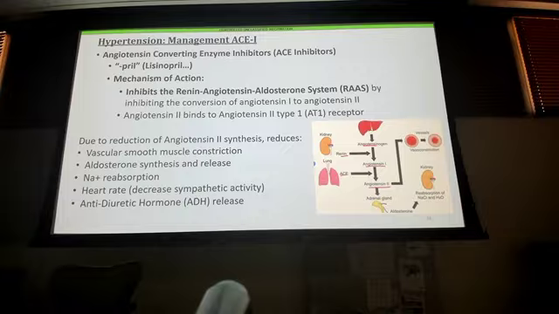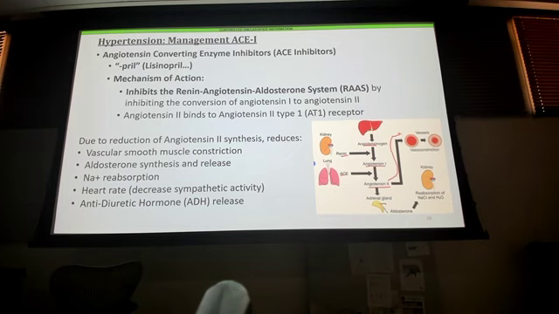And angiotensin 2 actually has 2 ways that it impacts your blood pressure. One is it works on the total peripheral or vascular resistance side of the equation, where it causes a vasoconstriction by interacting with those angiotensin 2 receptors.